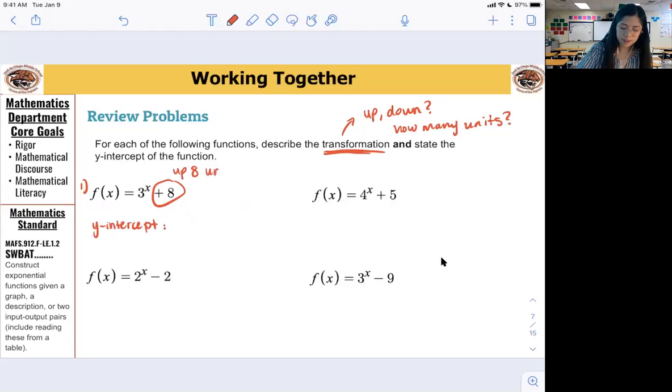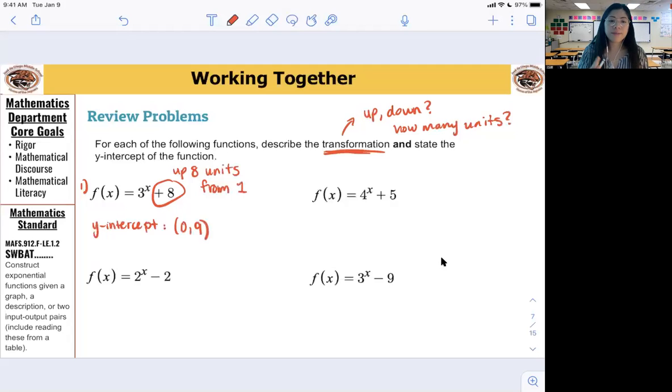Up 8 units from where is the y-intercept of the parent function? 1. So it's up 8 units from 1. So what's the y-intercept? 9. (0, 9).